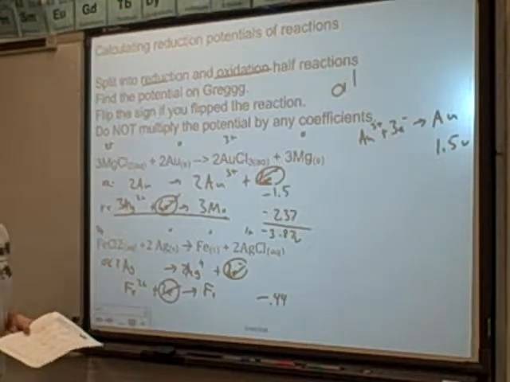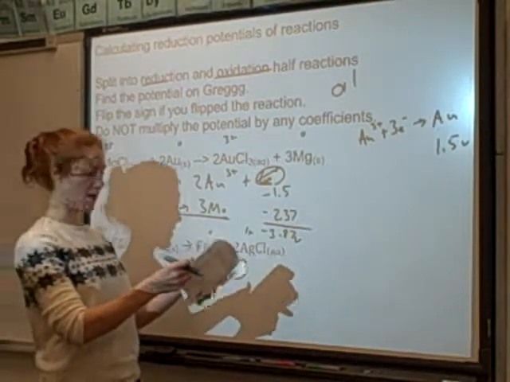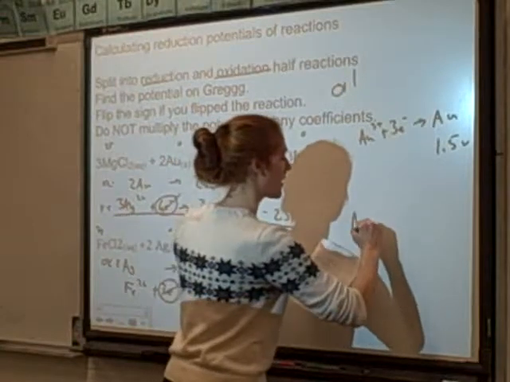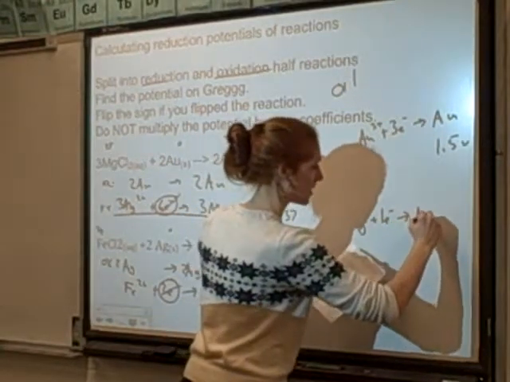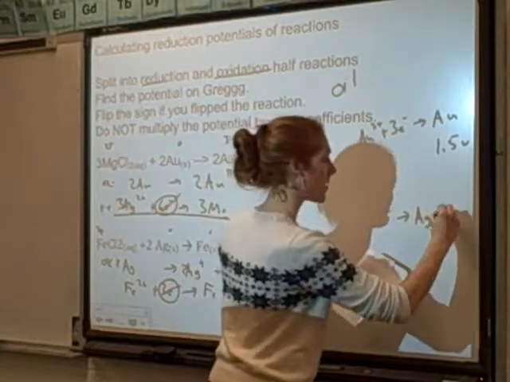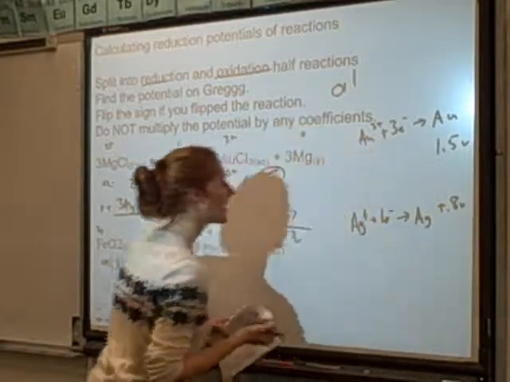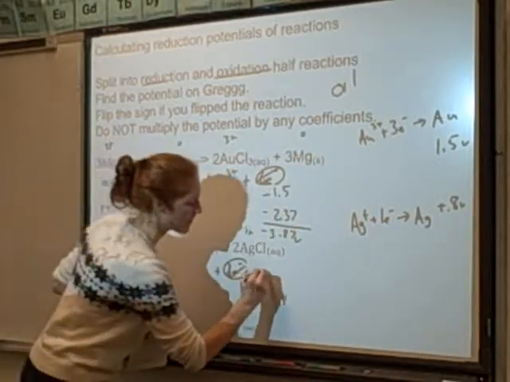And then for the silver, it is written backwards because on my Greg sheet, I'm actually going to see this. I'm going to see Ag plus 1 electron makes Ag, and the electron is becoming more stable, because silver is very stable, by 0.8 volts. Okay, so when I flip that to oxidize the silver, it's unfavored by negative 0.8.